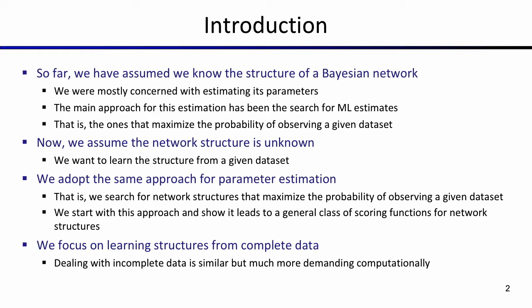In this process, we're going to define a class of scoring functions, and we're going to show that by looking for structures that maximize those scores, we will indirectly also find the structures that have the maximum likelihood. And during this lecture, we're going to assume that we have complete data. The problem of learning the structures with incomplete data is quite similar, but a lot more demanding in terms of computational resources.